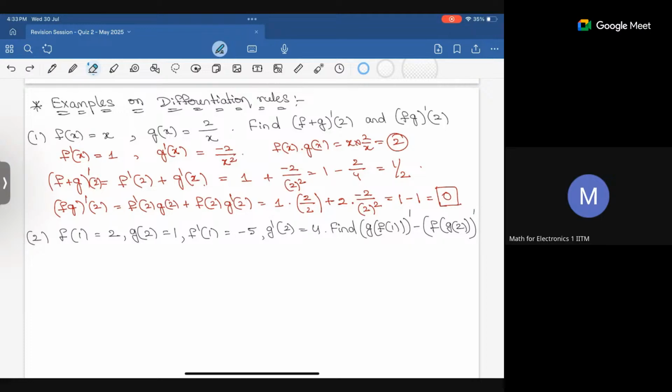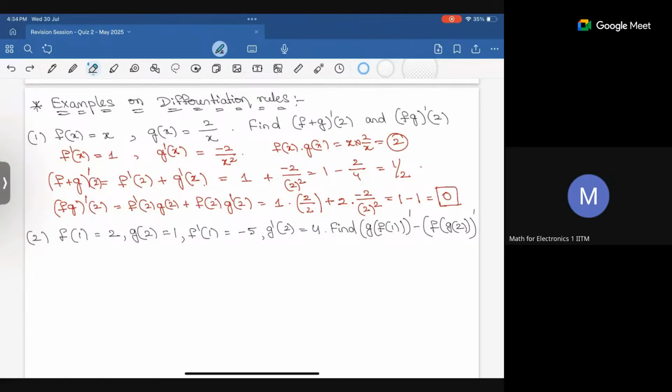Do I really have to use the formula, or is it much simpler? Is there any way? Here, if we stare at the two functions, the product function is just a constant function. So once it is a constant function, if I take the derivative of it, it will simply be 0. You don't even have to solve for it.